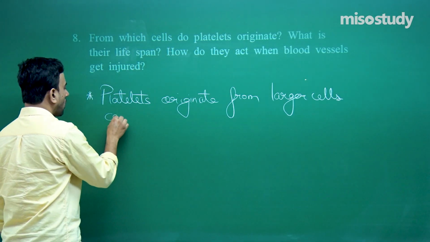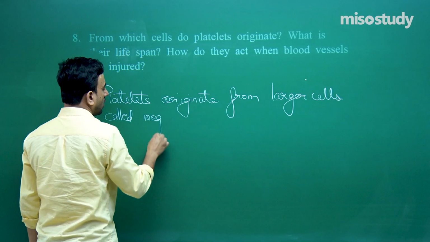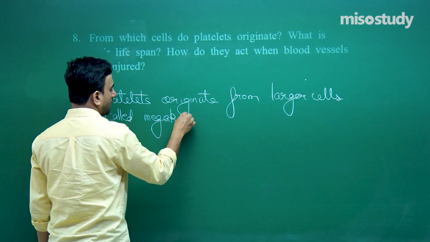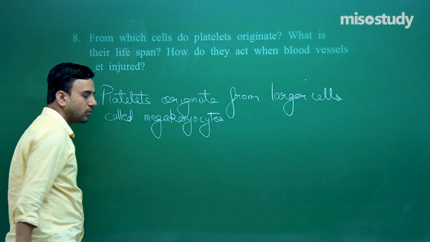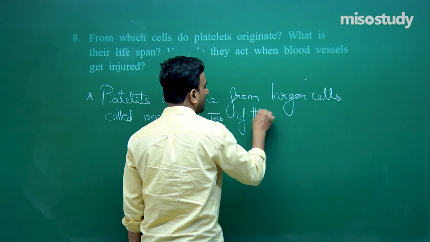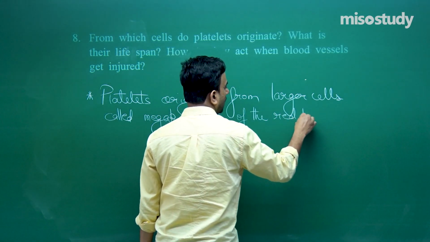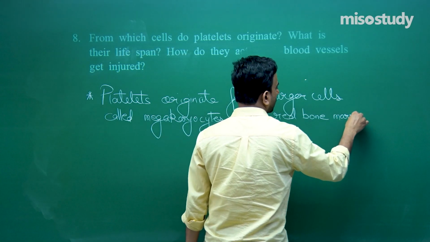called, this is the 8th question we are doing, megakaryocytes of the red bone marrow.